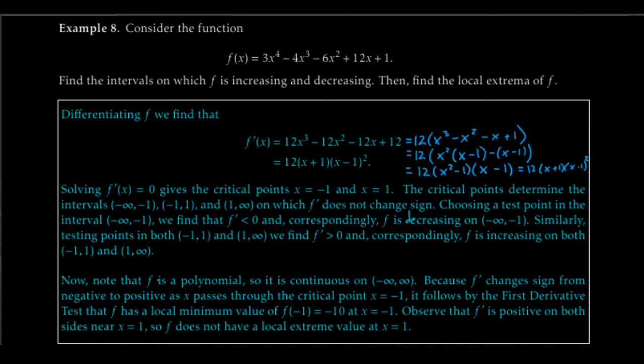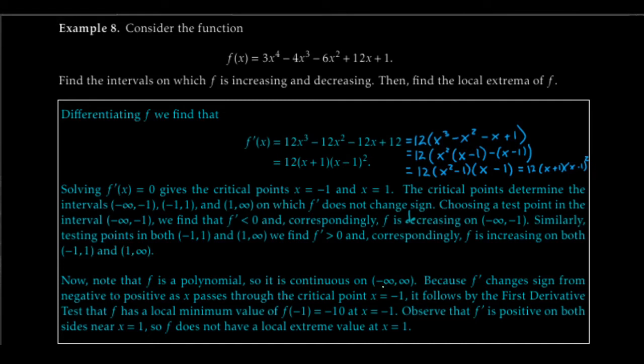So, f is a polynomial. This means that it is continuous on the interval from negative infinity to infinity. It's continuous everywhere because f prime changes signs from negative to positive as x passes through the critical point x equals negative 1.